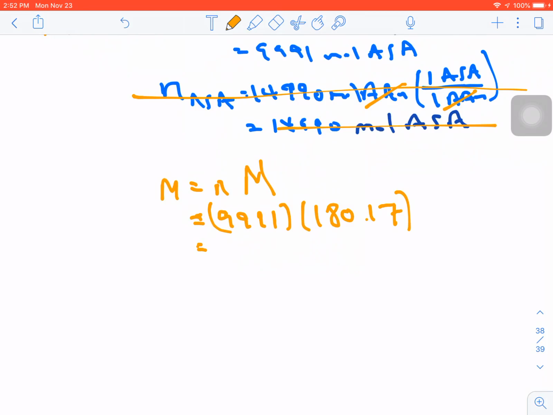Okay, and I'm going to get an answer of, your calculator might give it to you in scientific notation, 1.80 times 10 to the 6 grams, right, which is probably the answer that you will get of aspirin, ASA.